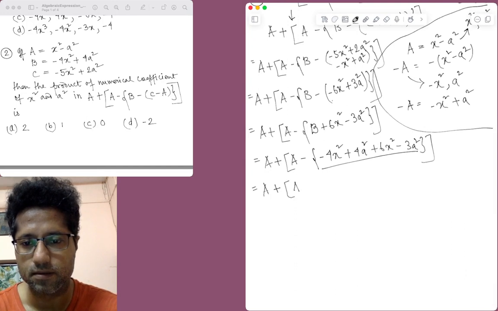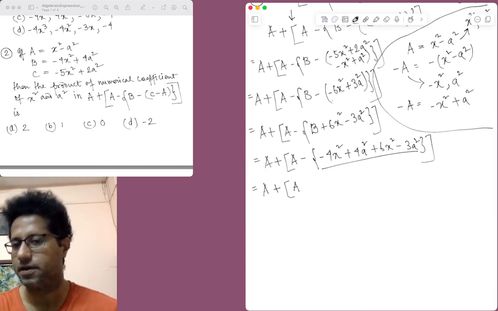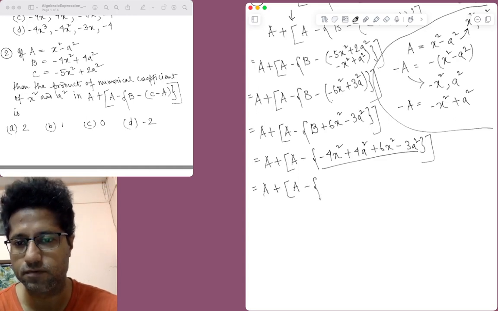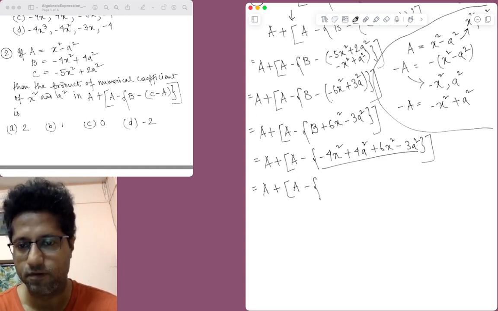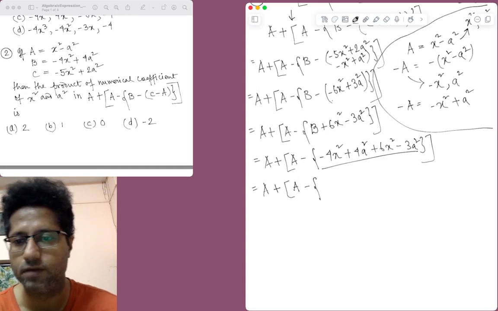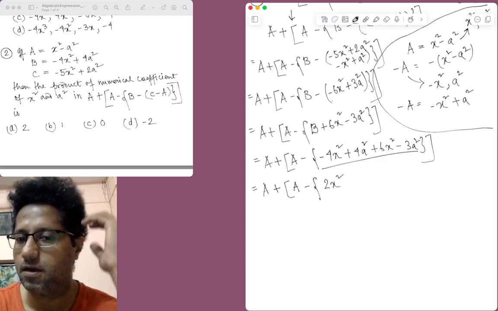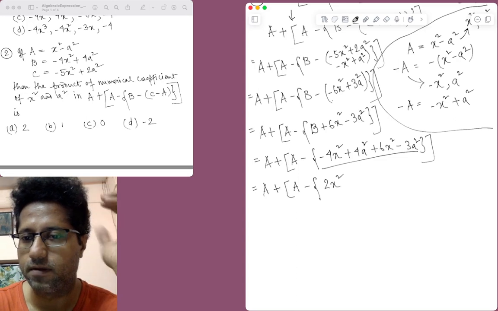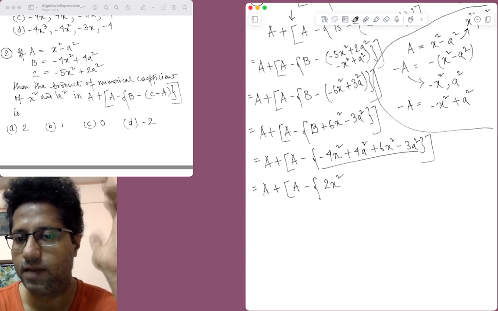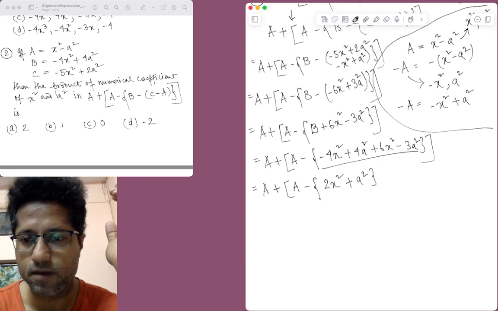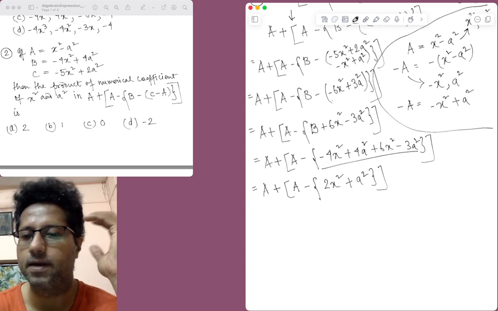When we combine the like terms inside the curly brace, minus 4x square plus 6x square becomes, as the coefficients add, plus 2x square. Similarly 4a square minus 3a square becomes plus a square, and we have this curly brace and the square bracket.